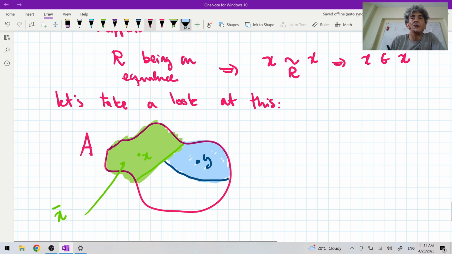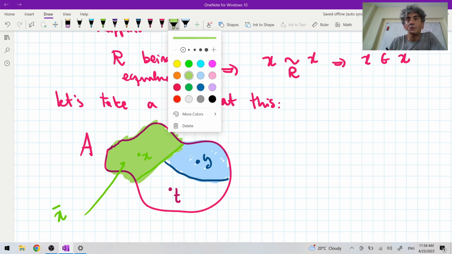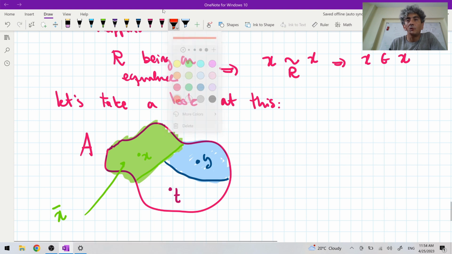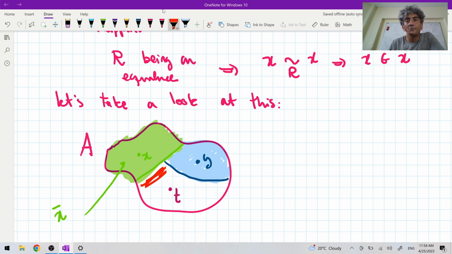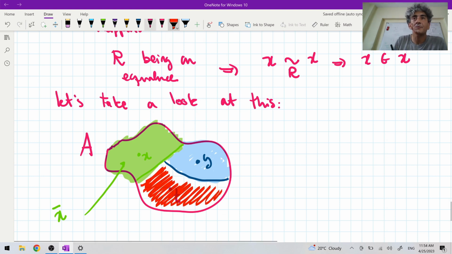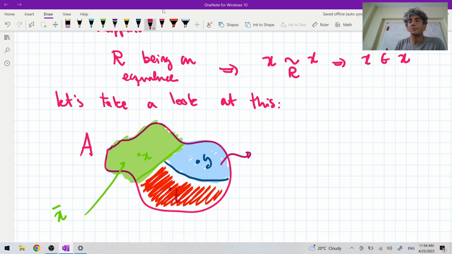And finally say that you have an element T, which has all these guys related to it, the guys in red. Okay, so this ends up being the class of Y, and this ends up being the class of T.